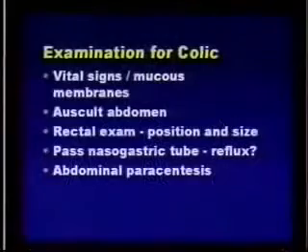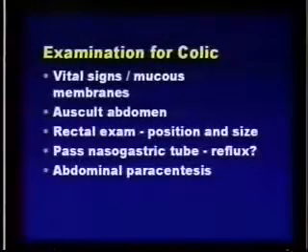It's important to pass a nasogastric tube during your colic examination, and this is not only for therapeutic reasons, but you can gain some very important diagnostic information by passing a stomach tube. One of the first things that you're going to check for is to see whether or not you can get gastric reflux.